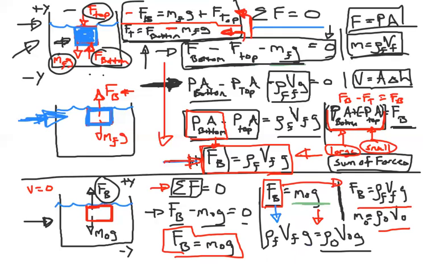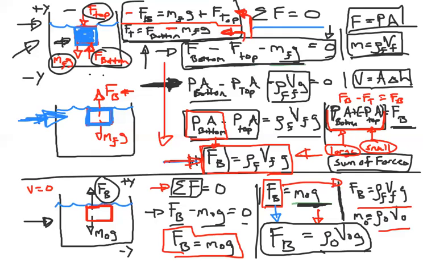So even though we're able to write this relationship with the buoyant force, it might be better to get rid of that and say that when things are in equilibrium, when the buoyant force and the weight are the only forces acting on the object, how much volume of fluid is displaced is going to be equal to the weight of the object. That's what this is trying to say.